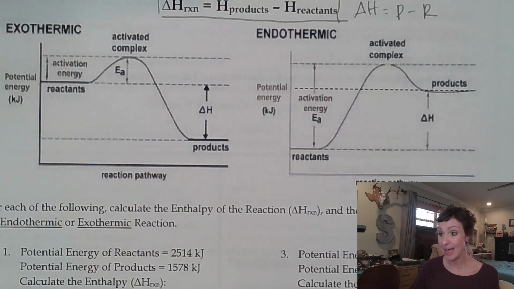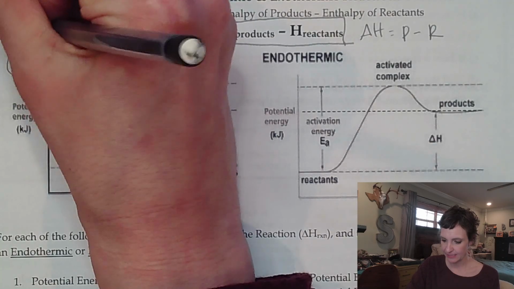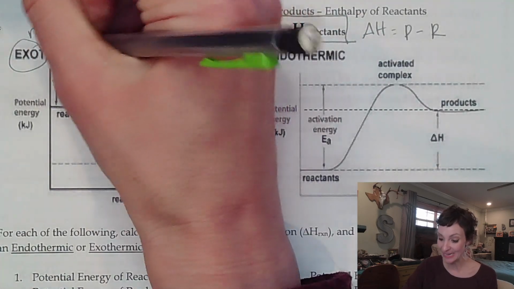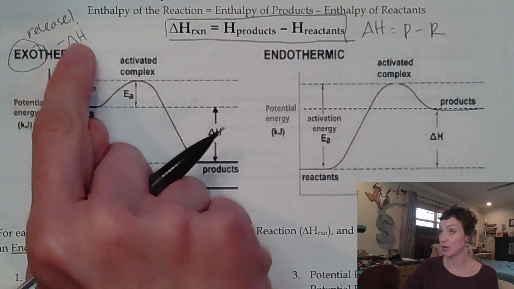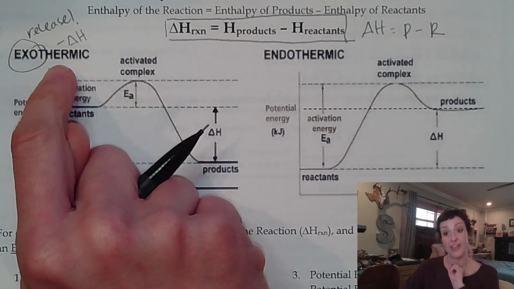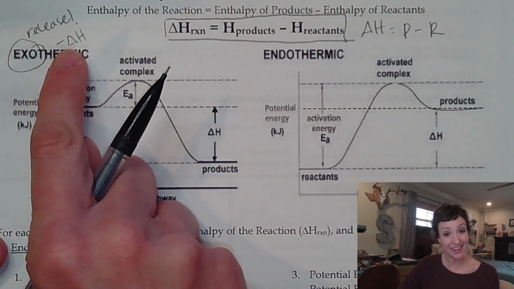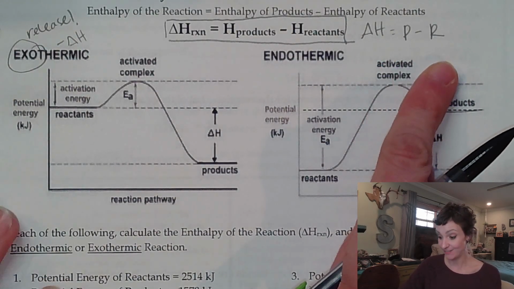So if I'm looking at my exothermic slide, remember exo means release, right? And exo also means a negative delta H. Those three things should always be as one thing in your brain, okay? So in order to get that negative delta H, my products minus reactants is going to be a negative number, right?